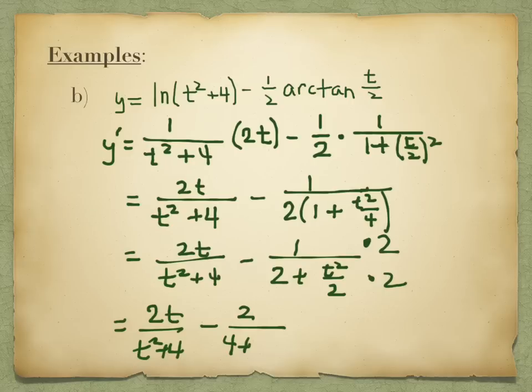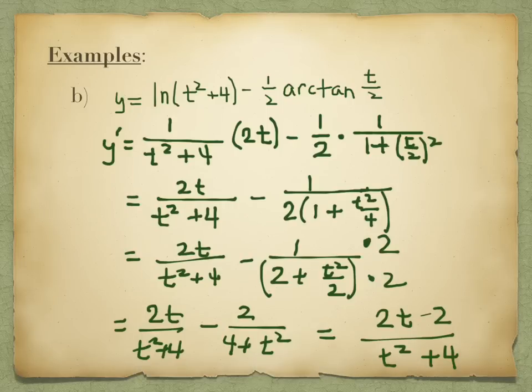Oh, t squared, right? This is distributed across here, and that's the reason I wanted to multiply by 2 to begin with, so that I eliminated the denominator of 2. So that's t squared. And then what do you notice about my two denominators? They are the same. Isn't that so wonderful? So I can combine them, and my whole expression would be t squared minus 2 over t squared plus 4, or 4 plus t squared, it doesn't matter.